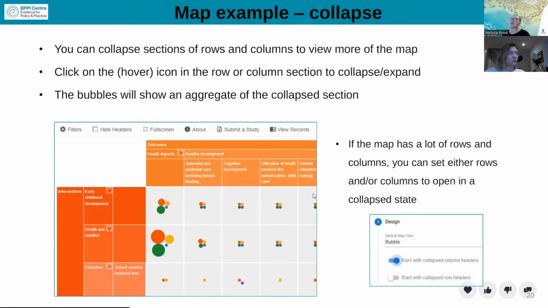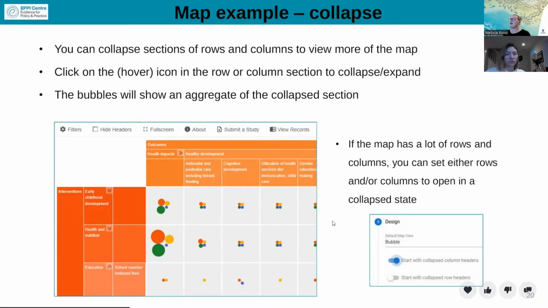Then the bubbles, or however you've chosen to show the styling of your map, will show an aggregate of the collapsed section. So instead of being separated into whatever cross-section of information, it will be the aggregated number, so the total number.